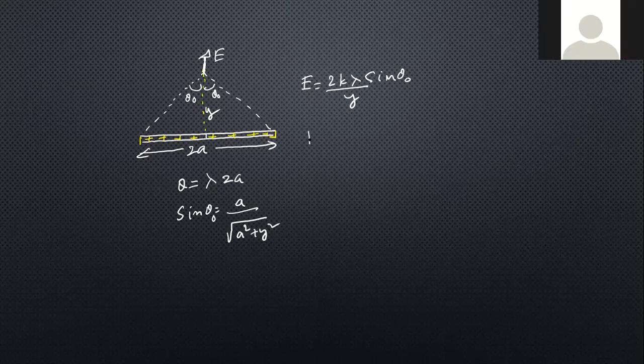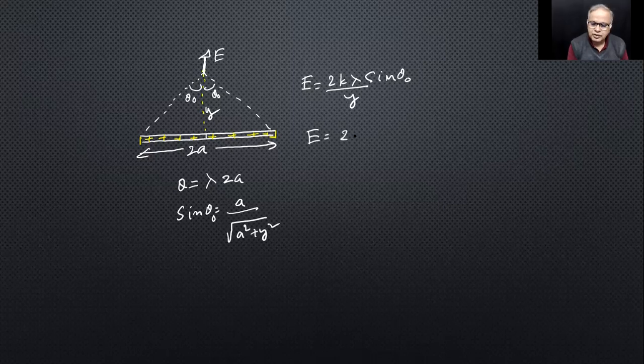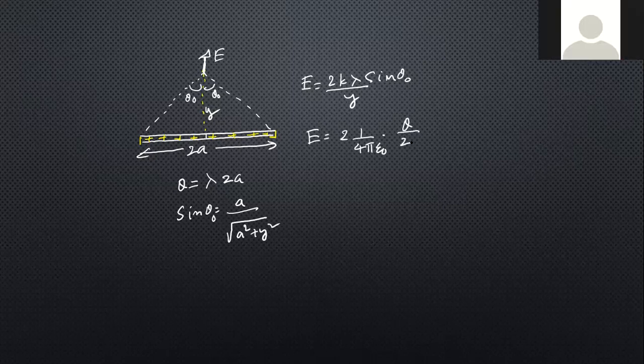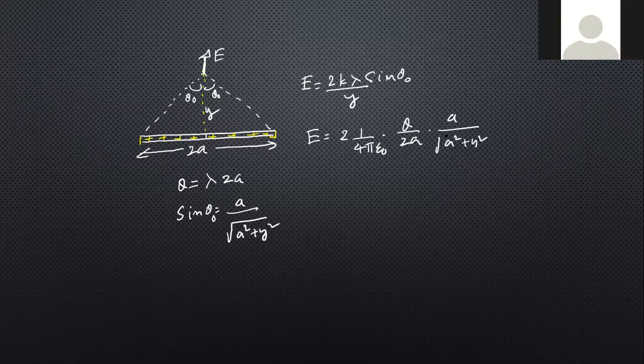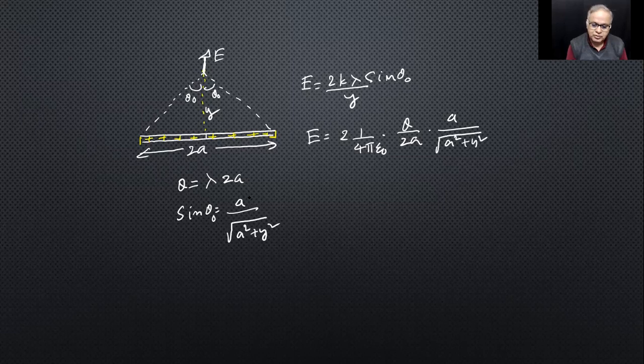Pythagoras theorem. So E equals 2k into 1 by 4 pi epsilon 0, lambda q by 2a, into 2a sine theta naught, a by under root of a square plus y square, into 1 by y. This y is there still, right?